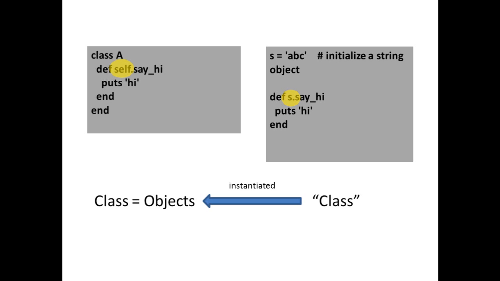Now we know that Ruby classes are actually objects. So as objects, classes can have their own singleton methods. In fact, what we commonly know as class methods are nothing more than singleton methods for classes.